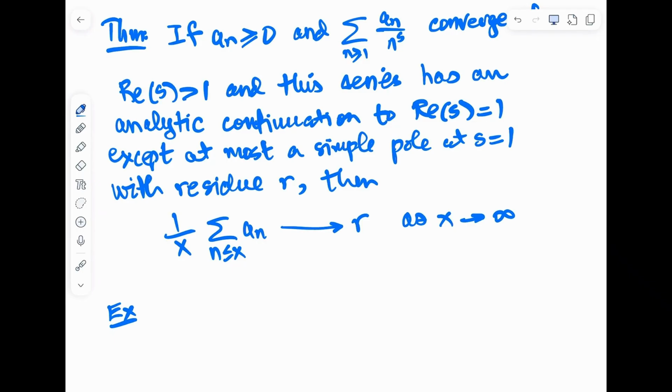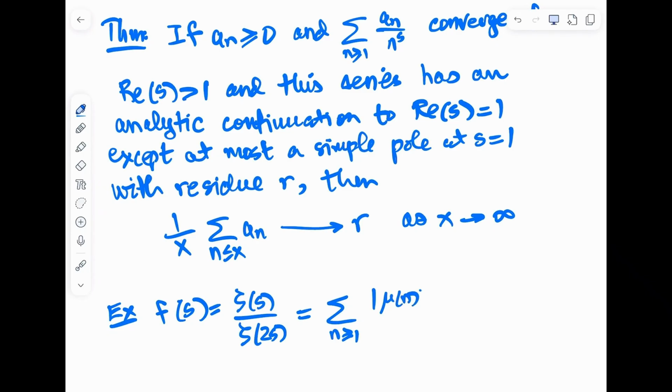So, for example, if you took the Riemann zeta function divided by the Riemann zeta function at 2s, this turns out to have a series representation whose coefficients are the absolute value of the Mobius function. That's that function that's plus or minus 1 if n is square free, depending on the parity of the number of prime factors, and 0 otherwise.